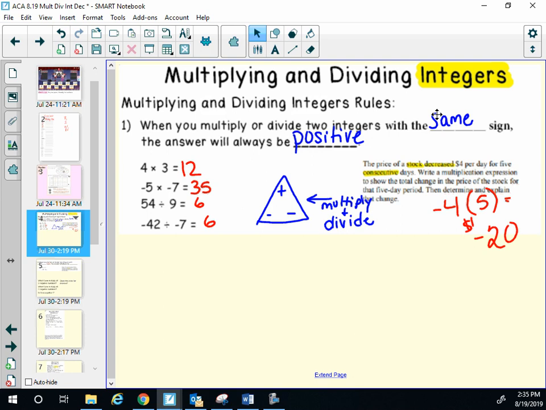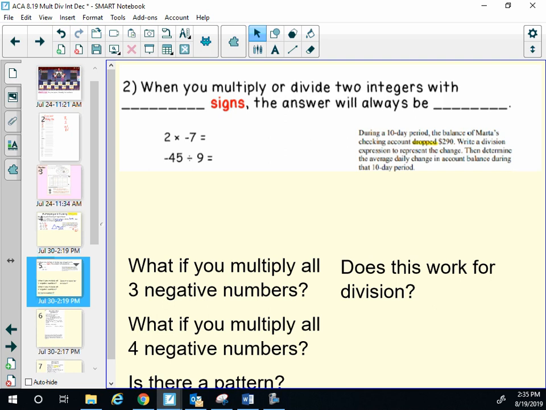So let's go ahead and turn, it's on your same page, but it's on the next column, I think. When you multiply or divide two integers, what if the signs are different? My answer is always going to be negative.